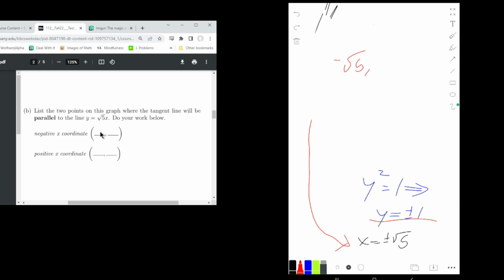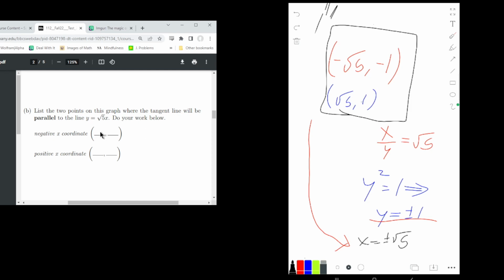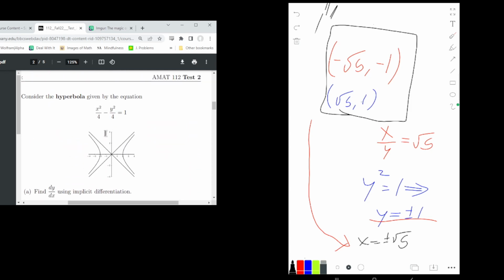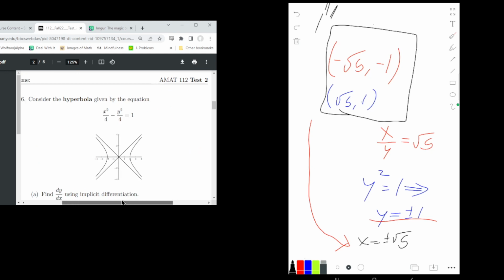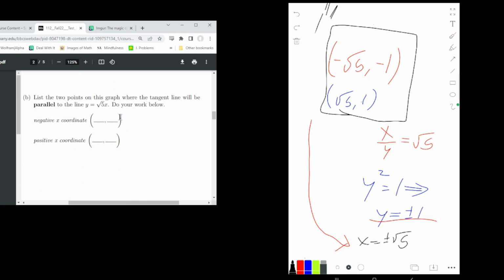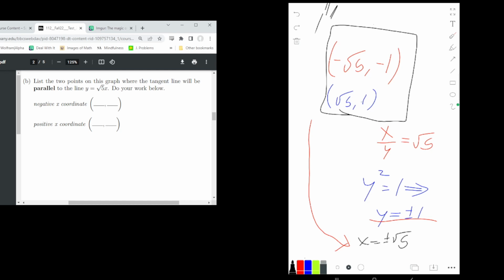But if x is minus square root 5, then y would have to be negative 1, because, again, recall that x divided by y is equal to square root 5, a positive number. So their signs have to match. And then the one with the positive x-coordinate would just be square root 5 over 1. And this, in the box here, is your answer to part B of number 6.